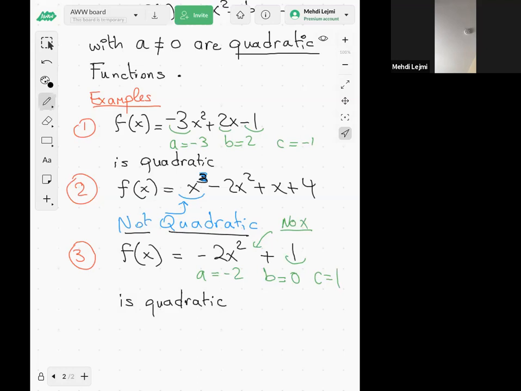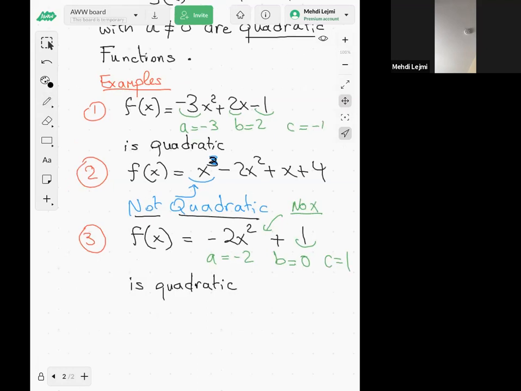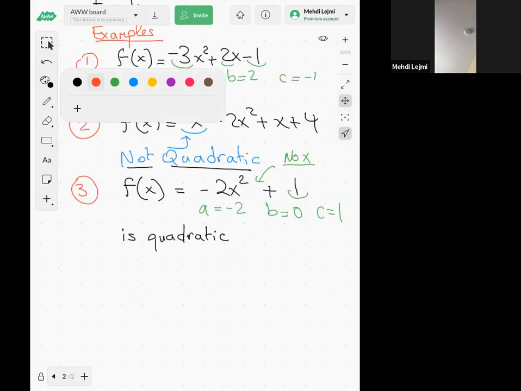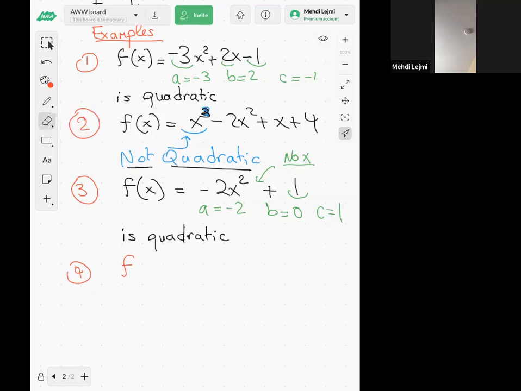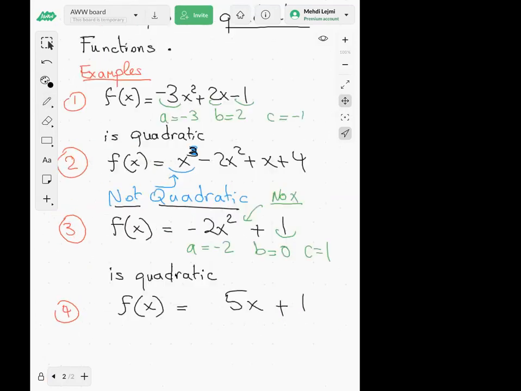Now, if your a is 0, so for example, if your f of x is 5x plus 1, what would be a in this case? Remember, a is the coefficient of x squared.